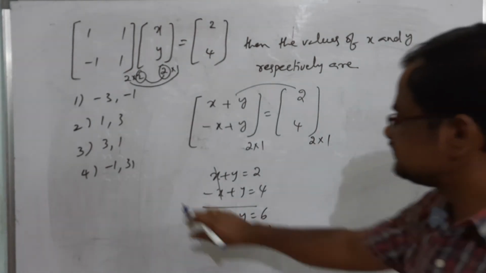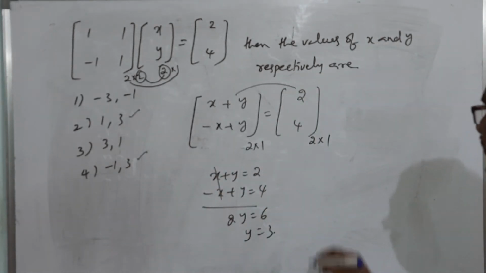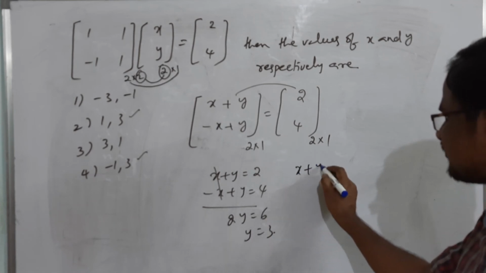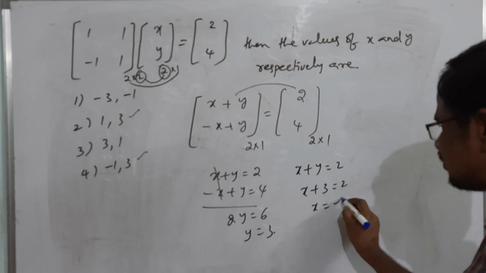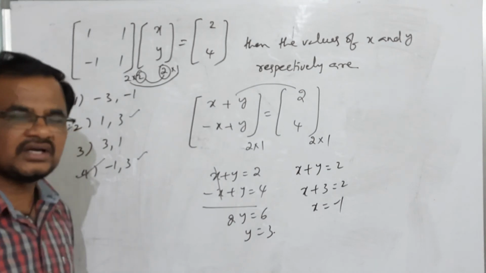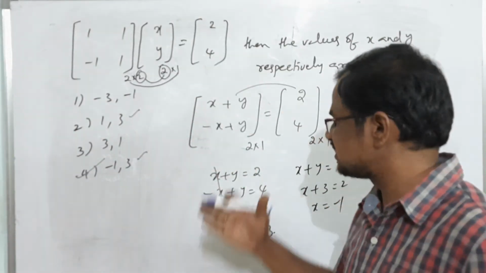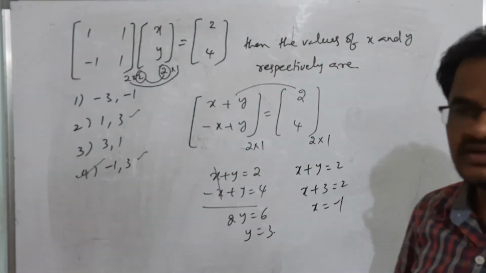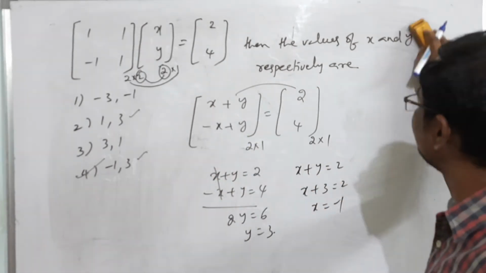Now definitely you have to find x also. So substitute this in any one of the equations, x plus 3 equal to 2, so x equal to minus 1. So x equal to minus 1 and y equal to 3 is the fourth option. Like this we have to compare left side and right side, then solve these two equations, then you will get x and y values. Those x and y values are the required answer.